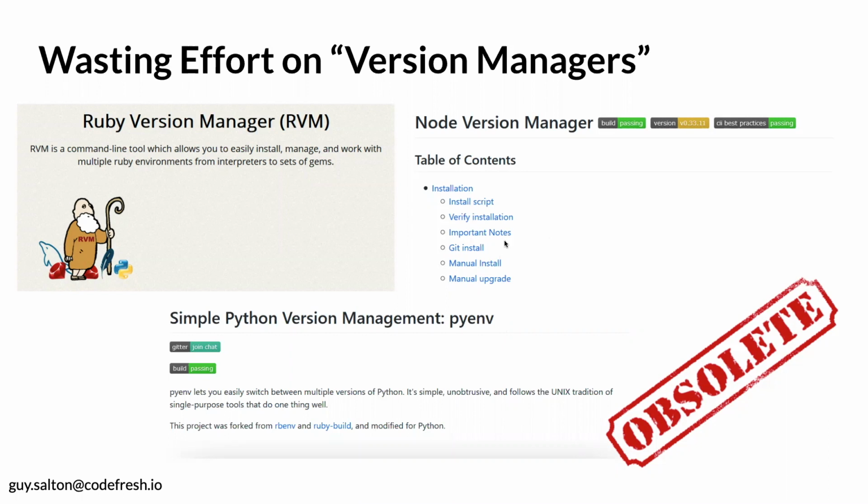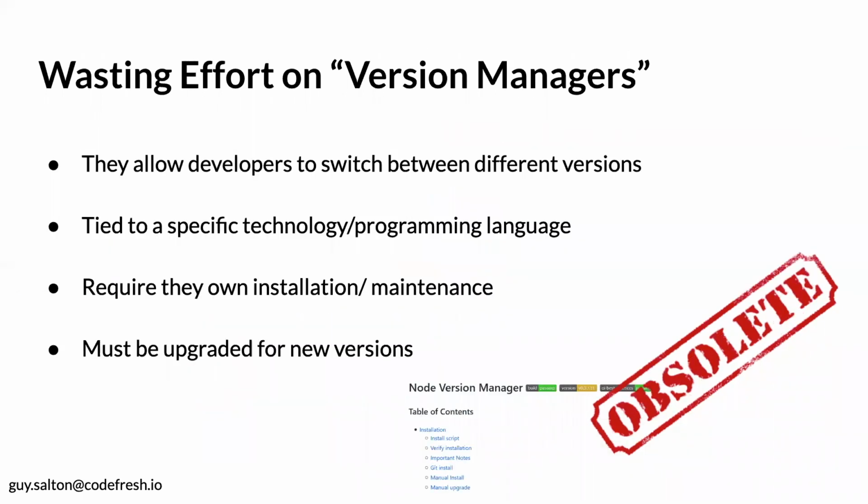So these tools can help you maintain multiple versions of the same tool, where you can just pass some parameter and say that you want to use an older version or a newer version. But this actually creates another problem, because now you also need to make sure that you update the version of the version manager itself to support newer versions of the tool that you want.